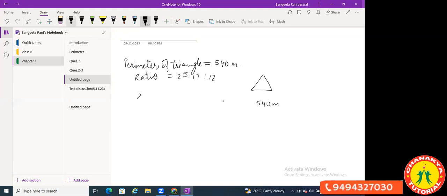Let's write here. Side of a triangle, not square, it's a triangle.